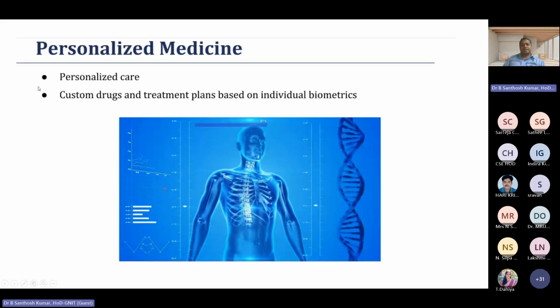Then personalized medicine. Many apps are available nowadays. With the help of those apps, you can track how many steps you walk daily, whether your weight is reduced or not, and it will suggest how much distance you have to cover or what type of food you have to take, and many other things.